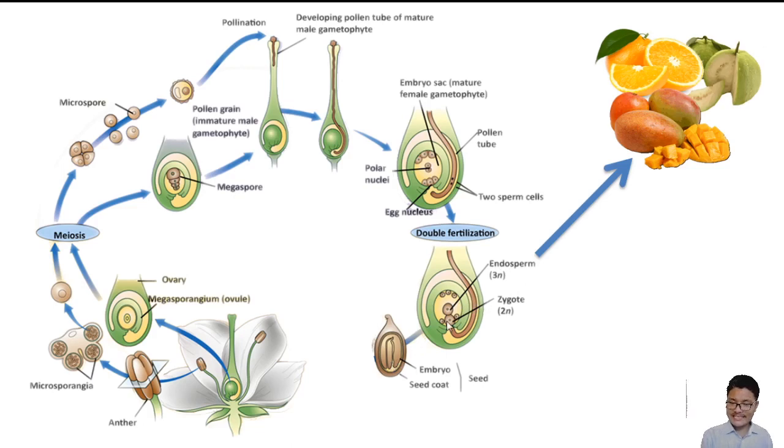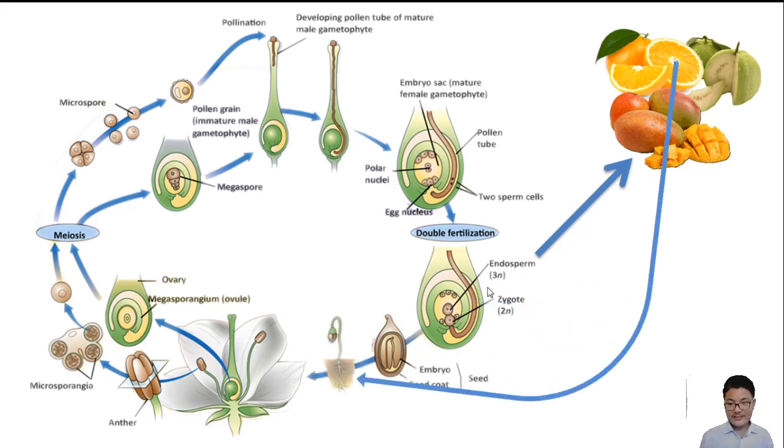So mainly the seeds are formed from ovules. Ovules are present inside the ovary, and are also known as megasporangium. So seeds are developed from the megasporangium or ovule, and fruits are developed from the ovary.